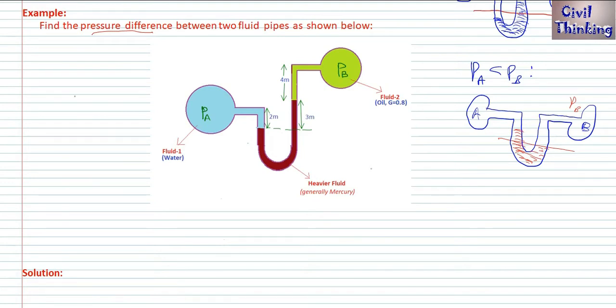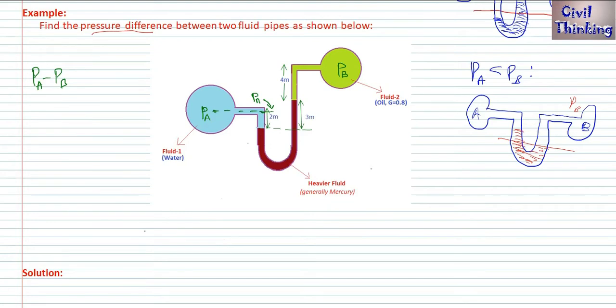We have to find PA minus PB, or PB minus PA is the same thing. Now we are going to use a trick. As we draw this horizontal line here, because this is the same fluid, if the pressure in this pipe is PA, so at this point pressure would be PA too. Now we are at this point, right?